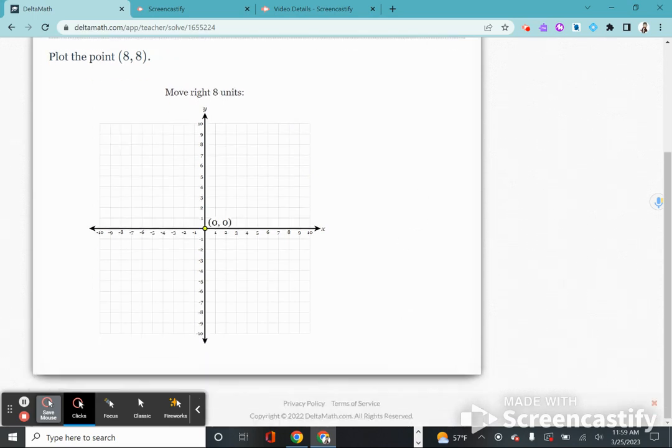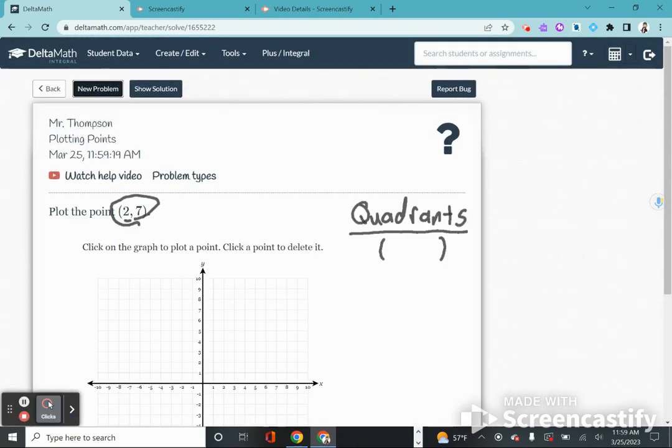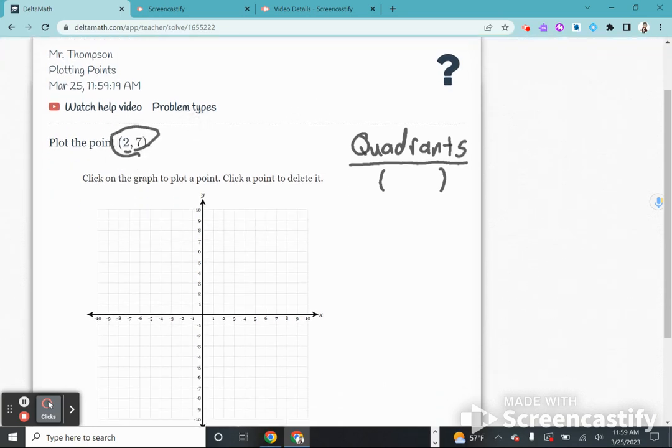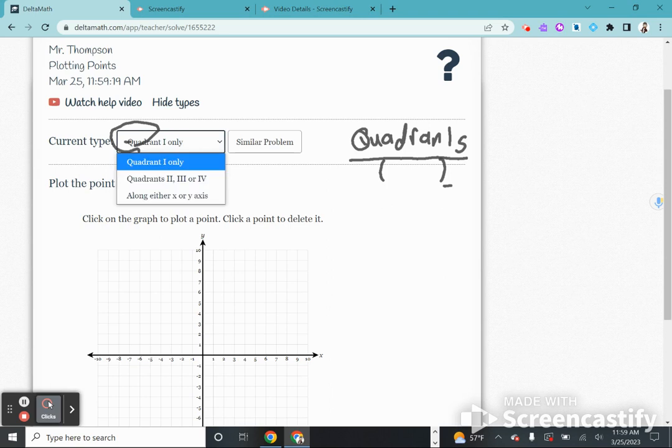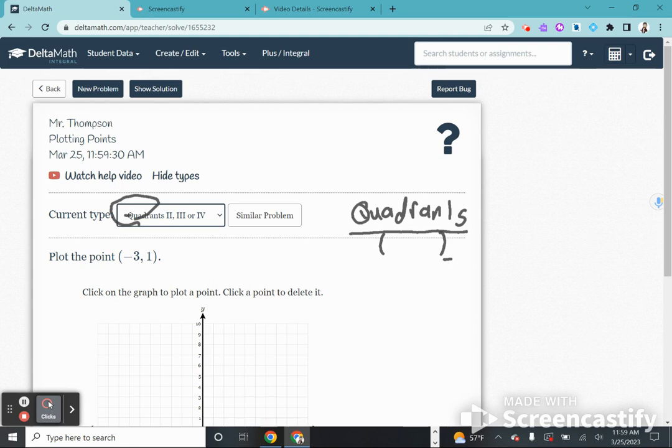Okay, so we can take a look at a new problem real quick while we're here. Well, where's the fun in that? Give me some negative numbers. There we go.